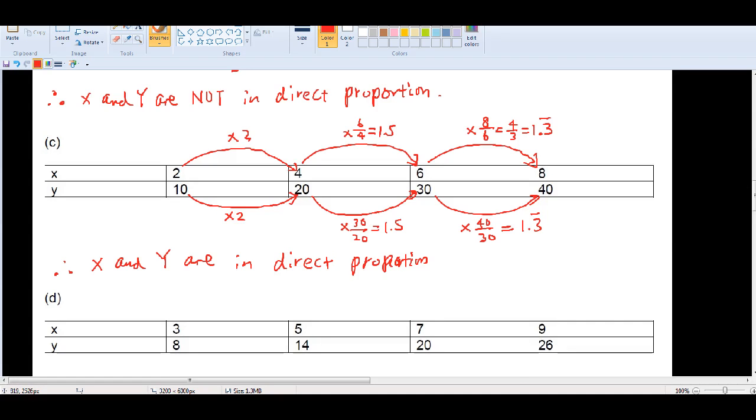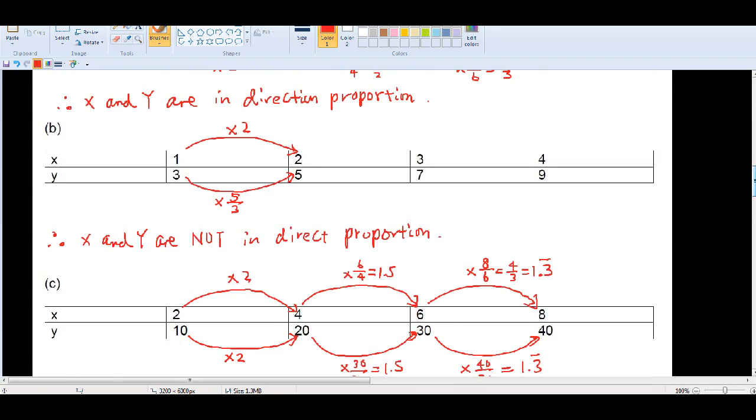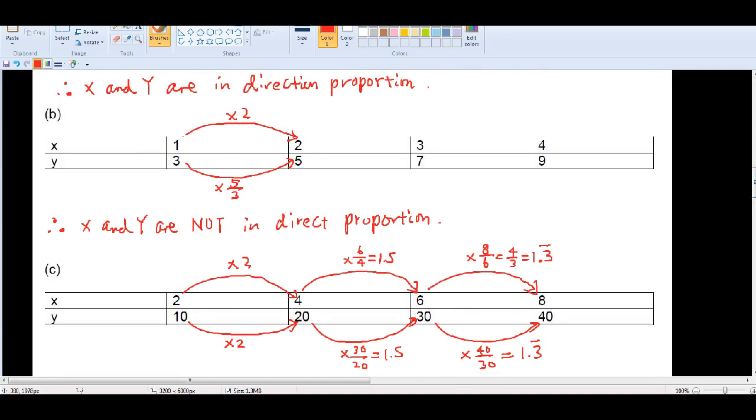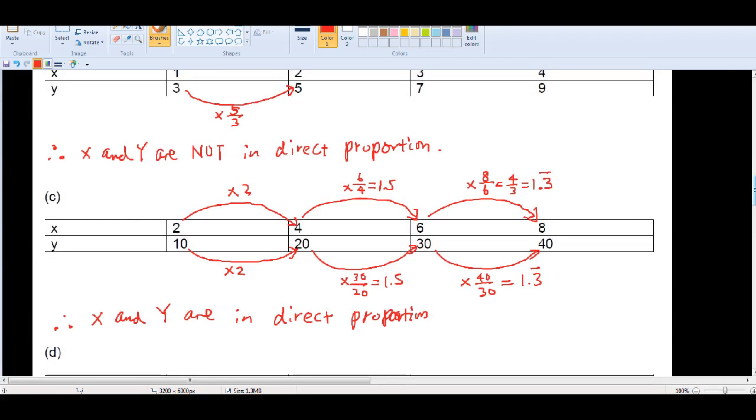Okay, sorry. Some of you might see in B, I just tracked the first pair to the second pair, I didn't track the rest of the numbers, and I say they are not in direct proportion. But for question A and question C, I need to track all those pairs.